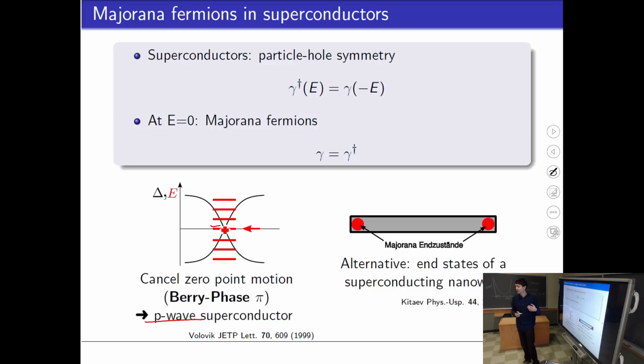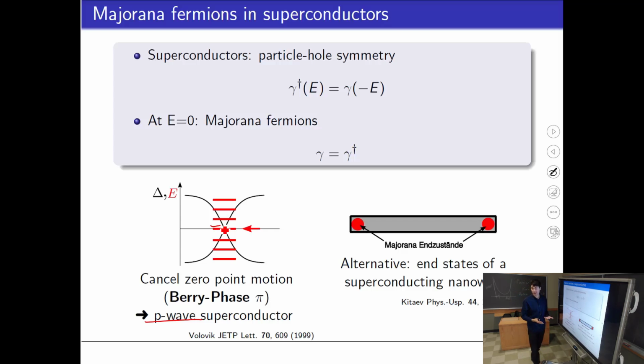And the reason for that is that zero-point motion is cancelled by Berry phase. There is some geometric phase for when you go around some defect, like a vortex like this. And if you have p-wave symmetry in this superconductor, this Berry phase exactly cancels the 1/2 factor from zero-point motion and makes an energy level exactly at zero.